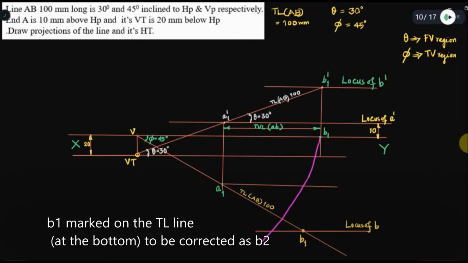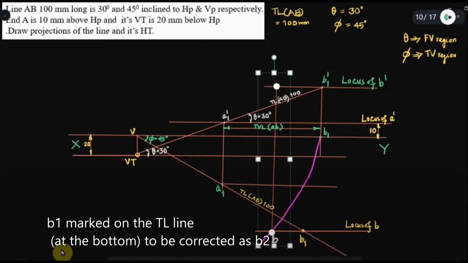And now we are in a position to complete the solution, because the point which I am marking here is the original B which we are searching for, B. And now once you get B, locus of B dash is here. The problem is almost over now, provided the finishing formalities.